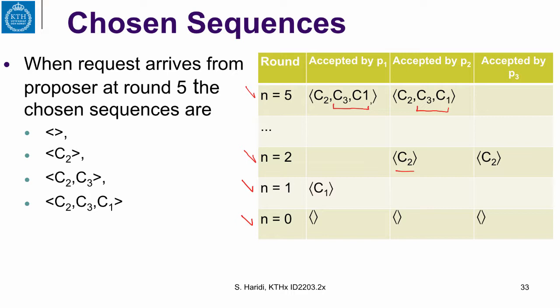Of course, it is the sequence C2, C3 followed by C1 and all its prefixes. So the empty sequence is chosen, the sequence of C2 only is chosen, C2, C3 is chosen, and C2, C3, and C1. Okay, so now we understand the notion of chosen sequence.